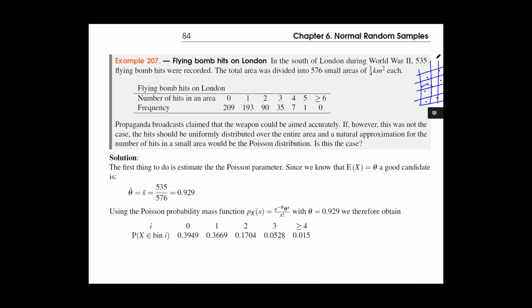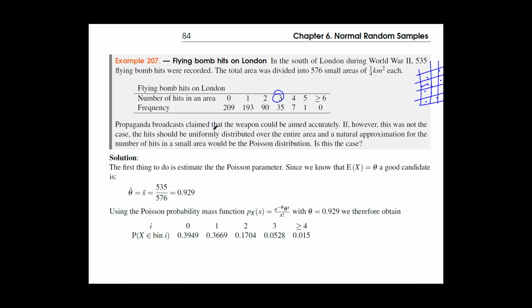So that's the data. For example, 3 means that the number of squares that had 3 bombs in them is 35.